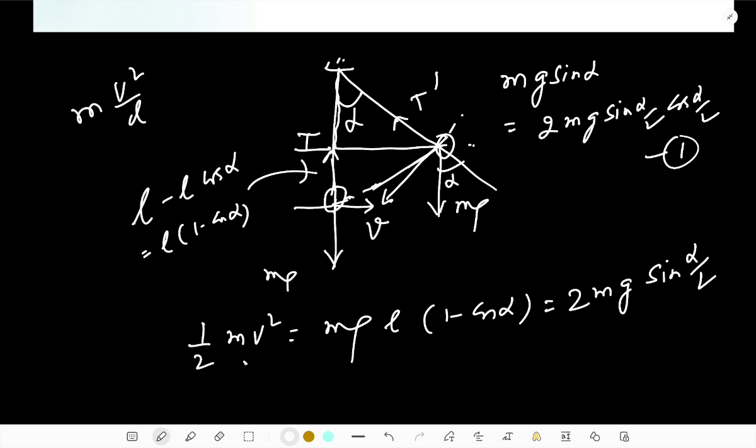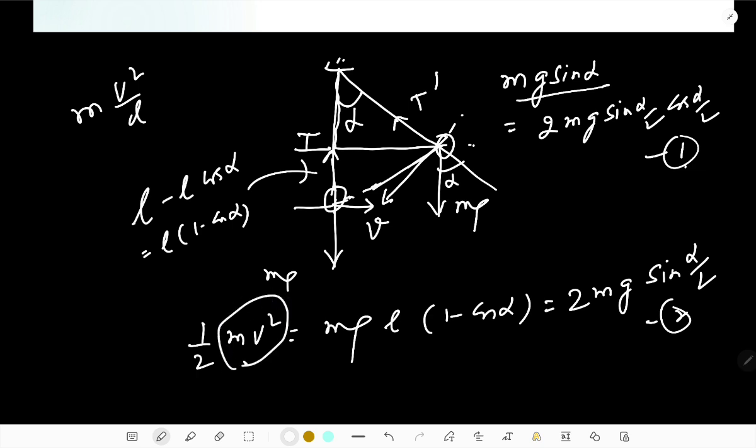And then, so that I can equate both of them, this equation and this equation, I would like to equate the forces, and this is one force and velocity, mv square by L. mv square I can get from here.